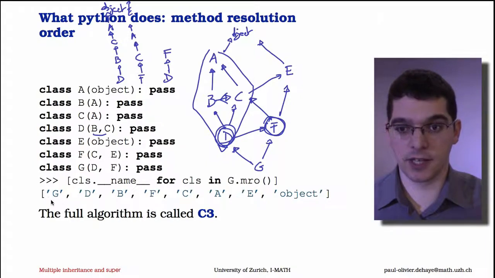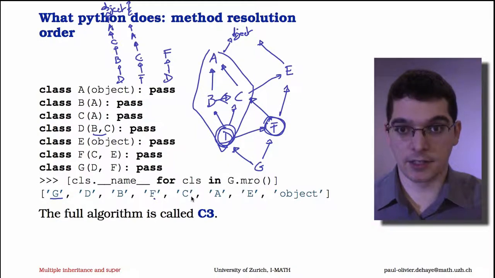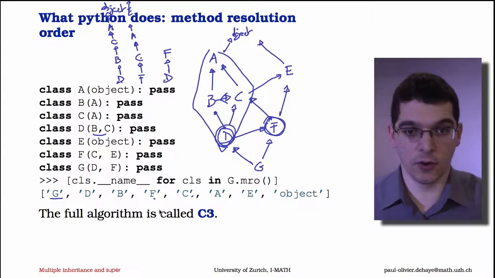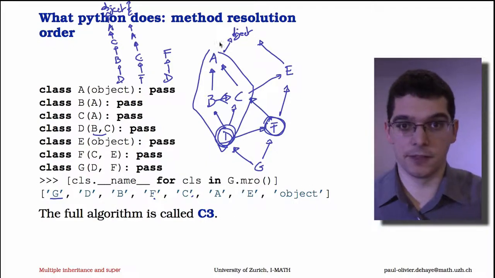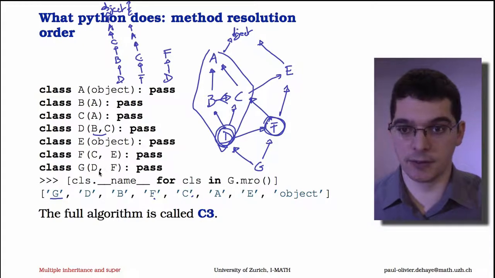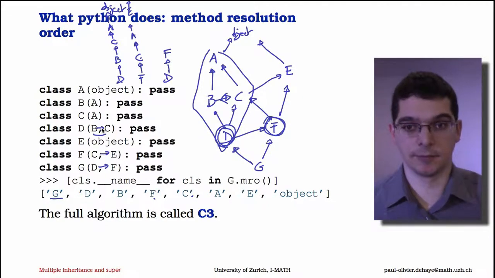In this case, you see that we start with G, of course, and then we go for D, and then B, and then before we can get to C, we need to go to F, because F has to come before C. And after C, it's pretty straightforward that it will have to be A, E, and object. So you see here the whole linearization of this partial order together with all the votes that are given at the base level. All those votes: D comes before F, C comes before E, B comes before C.